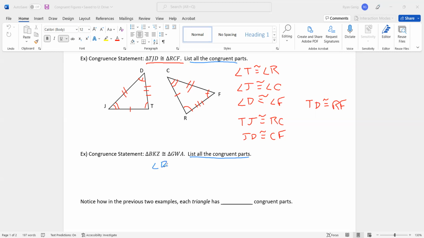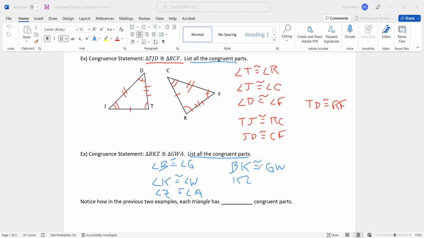Angle B is congruent to angle G. Angle K is congruent to angle W. Angle Z is congruent to angle A. Then you can go with the sides, and BK is congruent to GW.